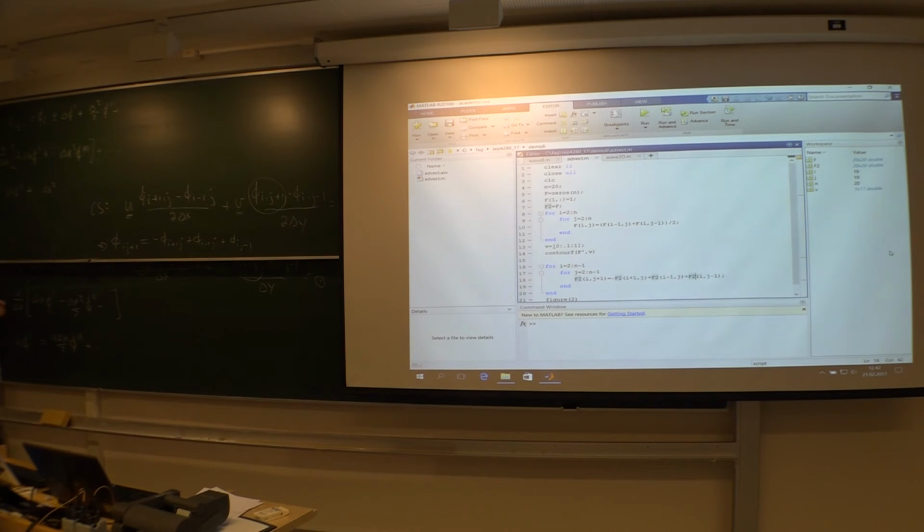Again, the scheme you can see is consistent. Let the deltas go to 0, you're back to the original equation, so that's okay. Here, it's only first order accurate. This is the first order term, order delta x. But now you see, as compared to the central scheme, there we had something with the third order derivative.